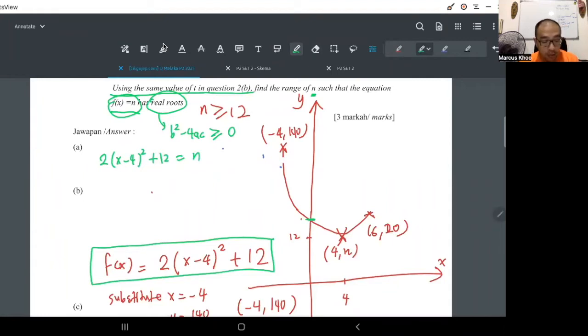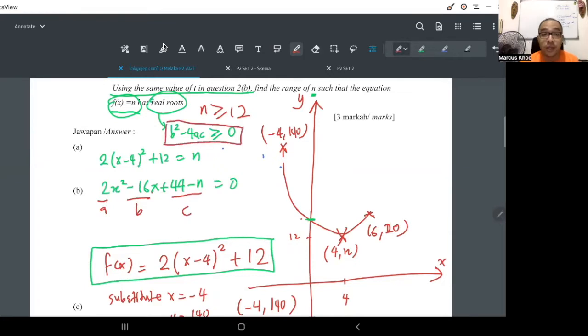Okay, then kamu kembang, and what you will get is 2x squared minus 16x plus 44 minus n equals 0. Okay, sini A, ini B, ini adalah C, dan kamu masukkan ke dalam b squared minus 4ac is more than or equal to 0. Okay, lepas kamu buat itu, then you will get n is more than 12. Okay, n is more than 12.